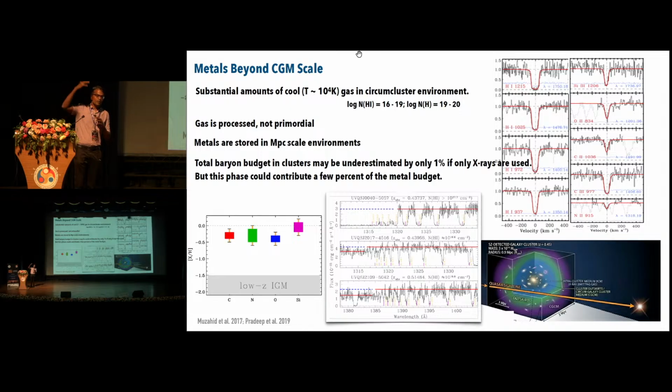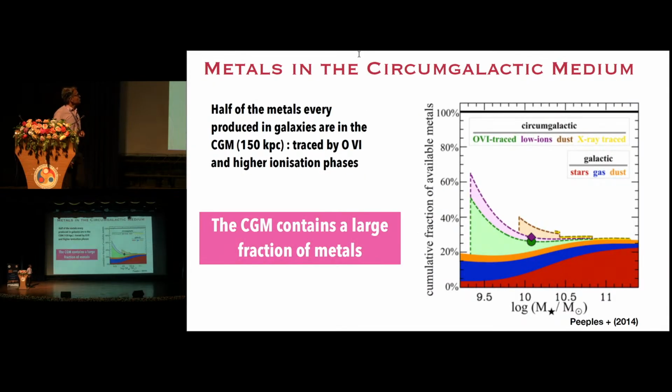Possibly these clusters are accreting material from the cosmic filament, and also there are tidal interactions happening, which are displacing interstellar gas from inside galaxies to cluster outskirts. So these are very interesting environments to study the baryon cycle processes. Now, an allied issue with this displacement of baryons from galaxies into intergalactic space is also the displacement of metals.